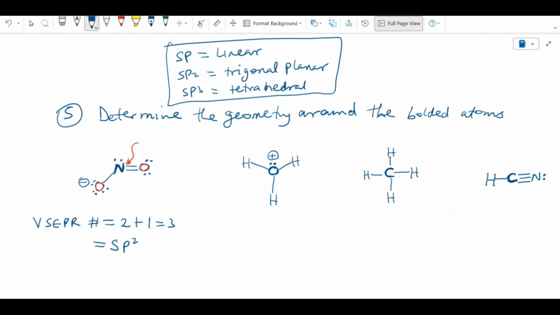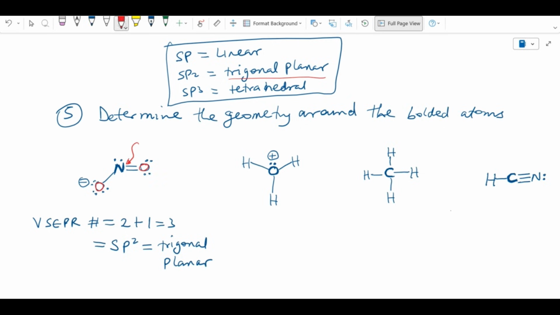S gets 1, so there will be only 2 left for the p orbital. And if it's sp2, then the geometry is trigonal planar. So that will be the geometry around the nitrogen atom.